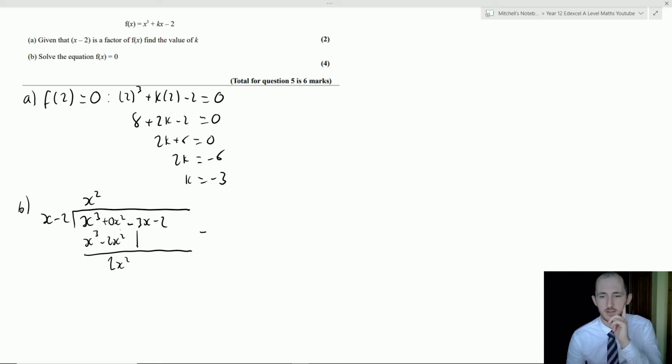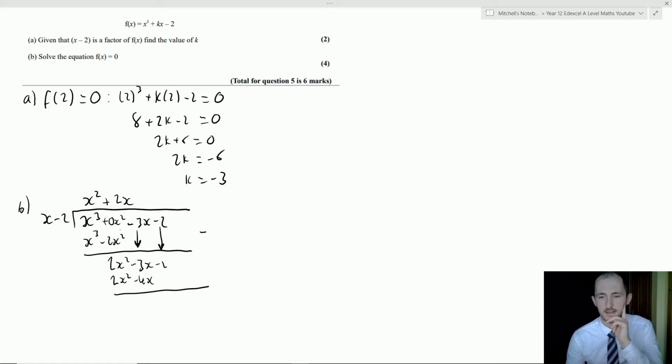And these bits just get dragged down because there's nothing underneath them. Minus 3x minus 2. Divide by x, you get minus 2x. Times it again, you get, hang on a minute, that should be plus 2x squared. And then minus 4x.